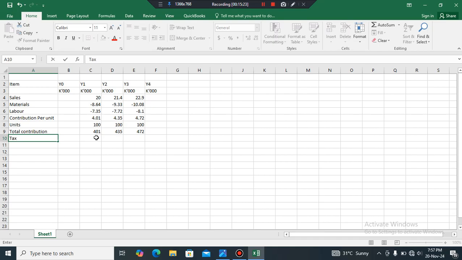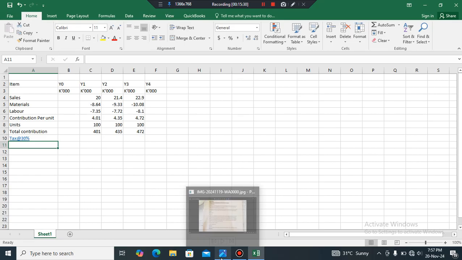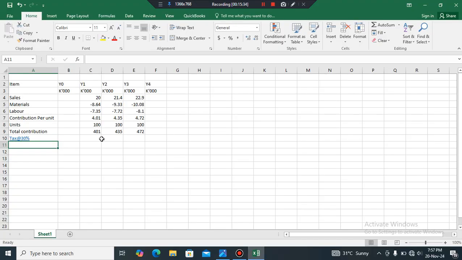Remember, the tax is at 30% and the tax is in arrears, right? So we say, let's say 401, right? 401 multiplied by 0.3 is giving us 120.3.